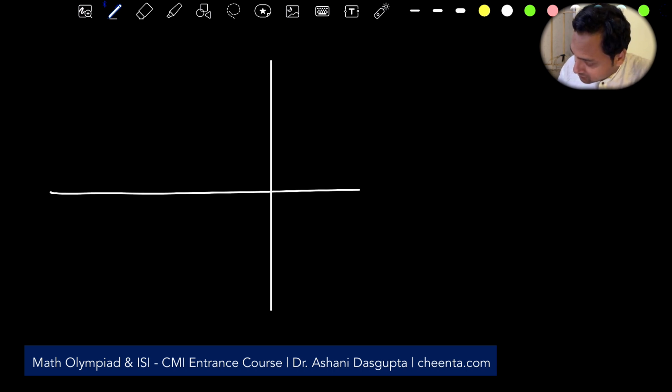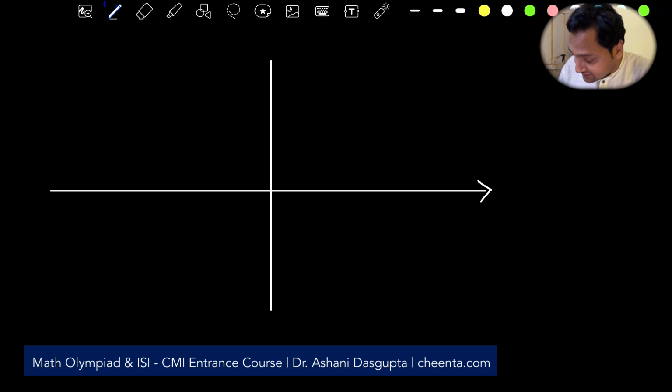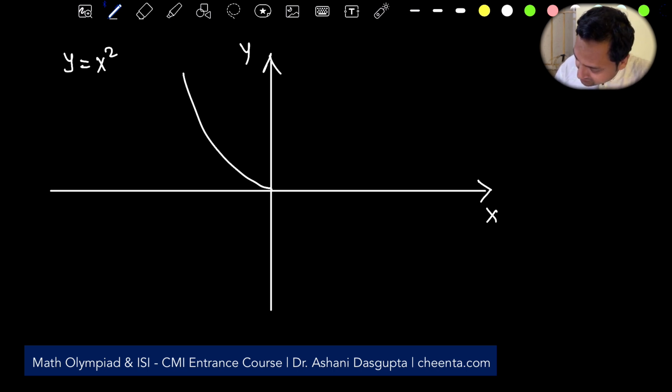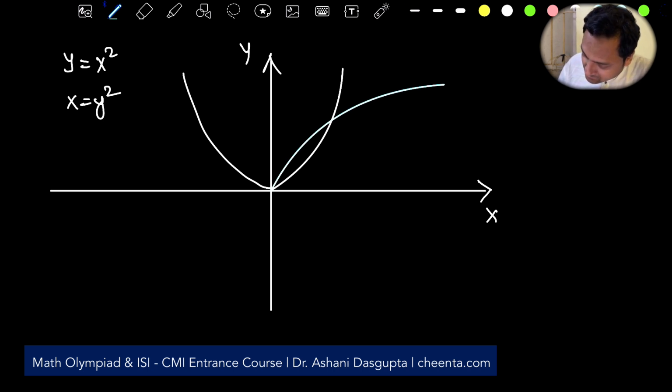We will draw the x and y coordinates, the x-axis and the y-axis. And let's first do y equal to x squared, which is simply this particular picture. And then let's do x equal to y squared, which is simply this particular picture.